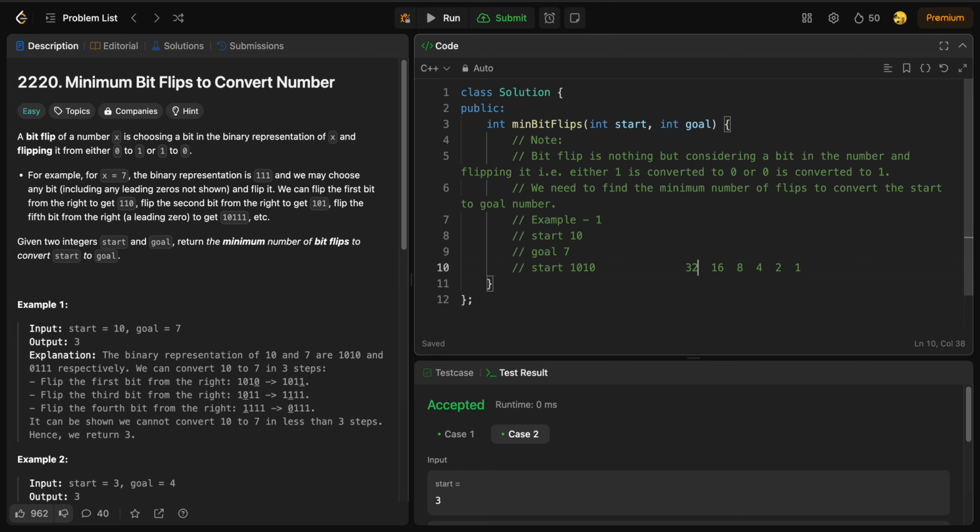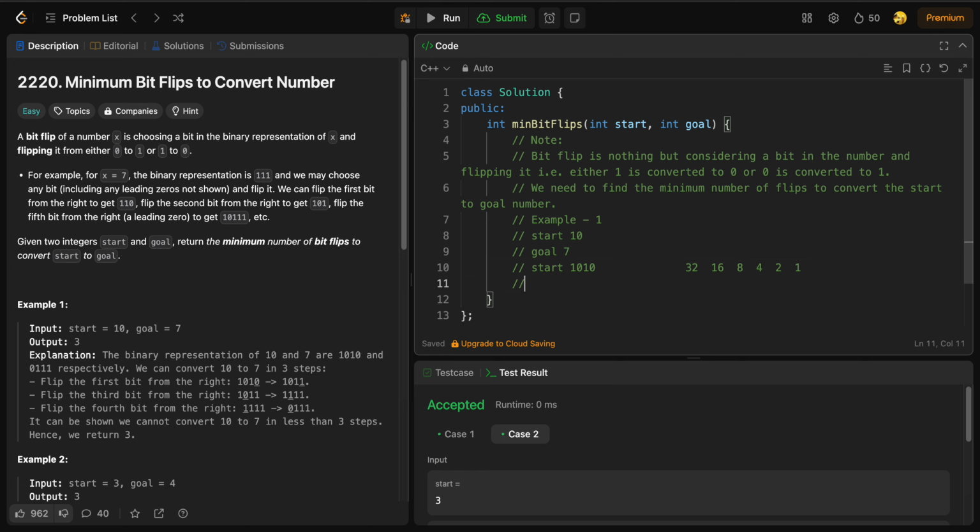Then we find the maximum number present here that's less than 10, which is 8. So we'll add 1 over here, and 10 minus 8 would be 2, and we check if 2 is present. If 2 is present, we'll add 1 there, and we end up with 0. So that's how the binary representation would be.